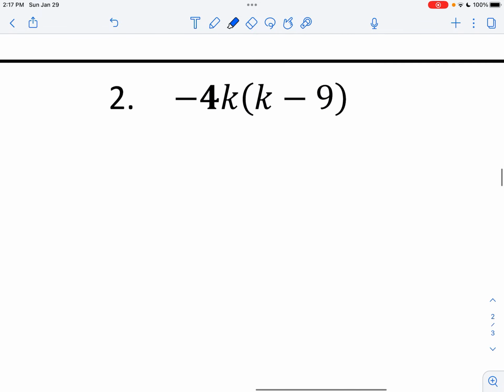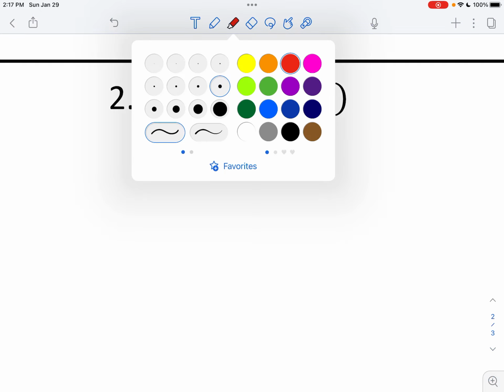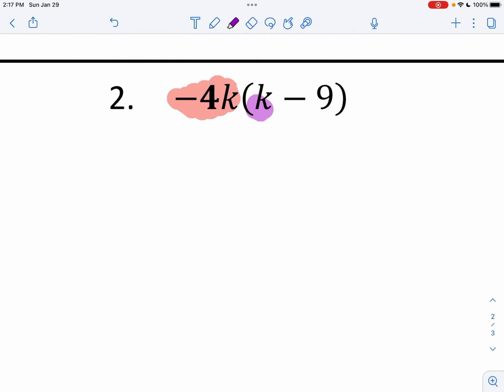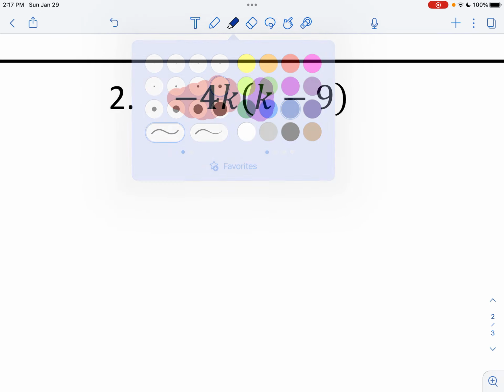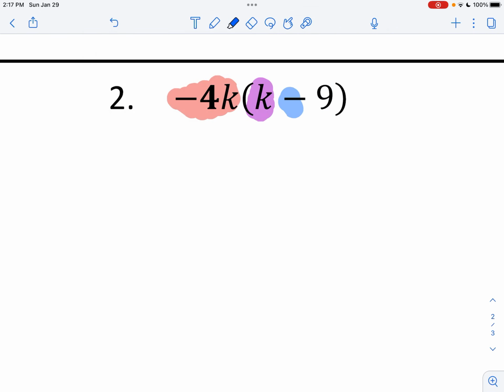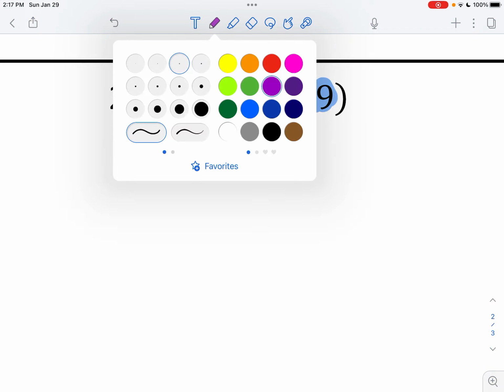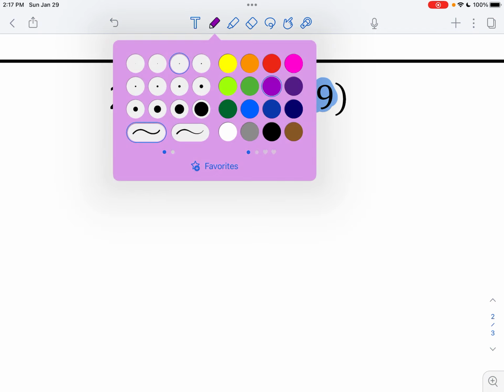All right. My outside term is a -4 and a k. I will need to multiply that first to the k and then to the -9. I'm going to put a purple 1 in front of that k, just in case you weren't sure. And now I'm going to distribute. I'll do purple first.